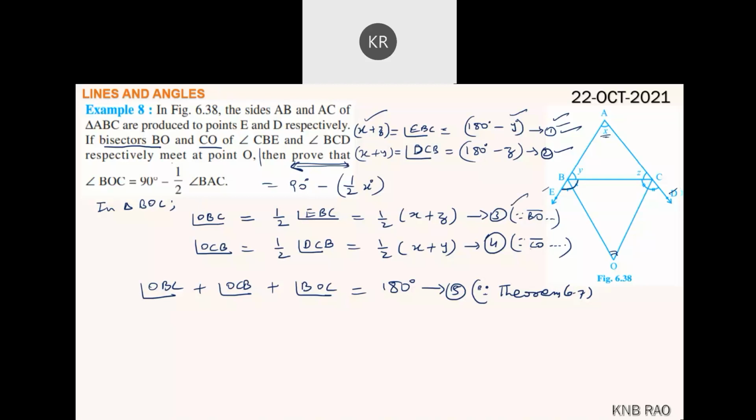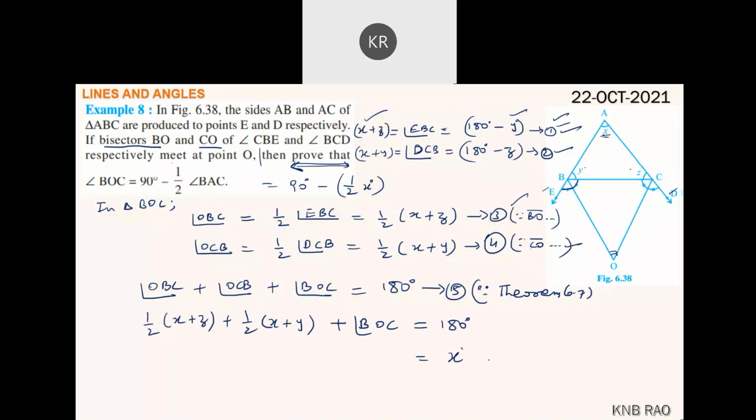Now we will substitute: angle OBC plus angle OCB plus angle BOC is equal to 180 degrees. Now, what is X plus Y plus Z? 180 degrees.